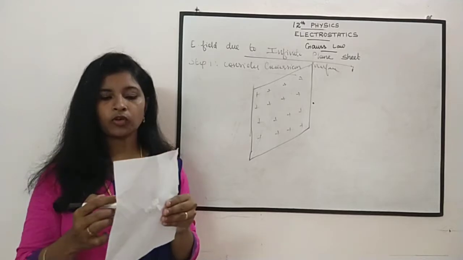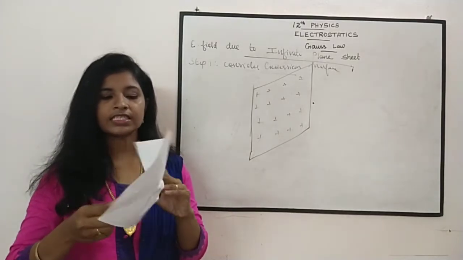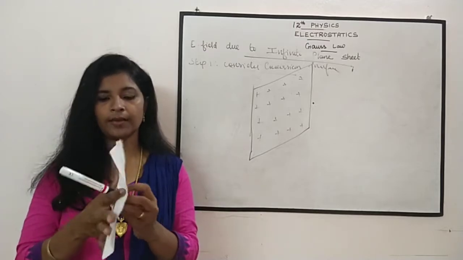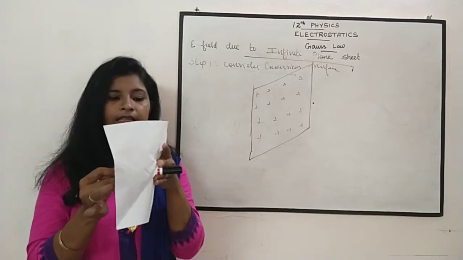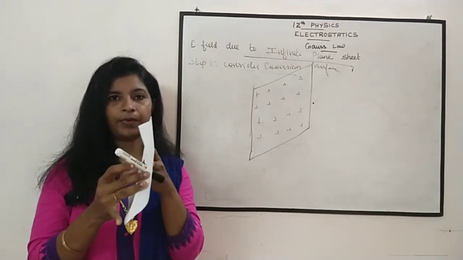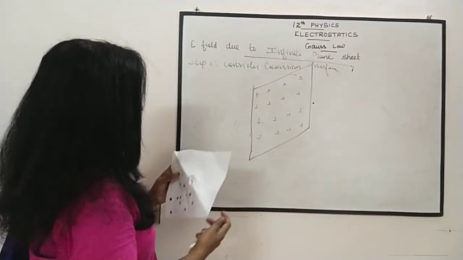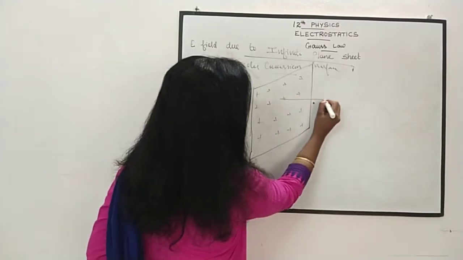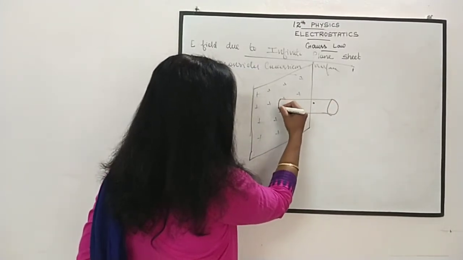I am going to select a Gaussian surface which is fitted in this sheet, like this. A cylindrical Gaussian surface is fitted in the sheet. This is the construction, keep it in mind. This is my Gaussian surface, a cylindrical Gaussian surface.